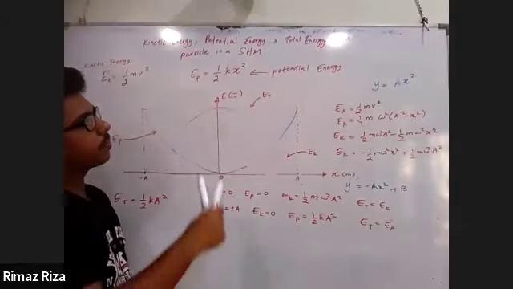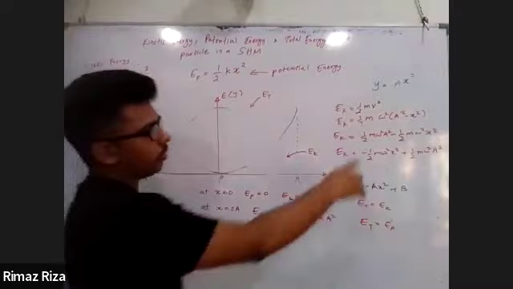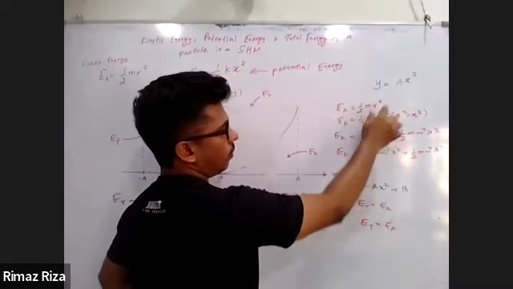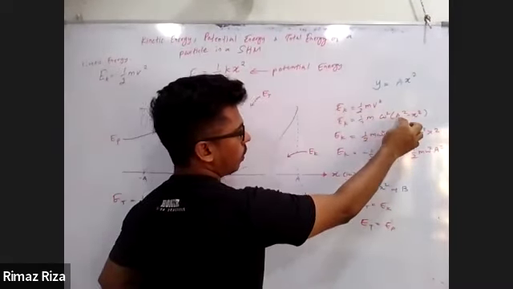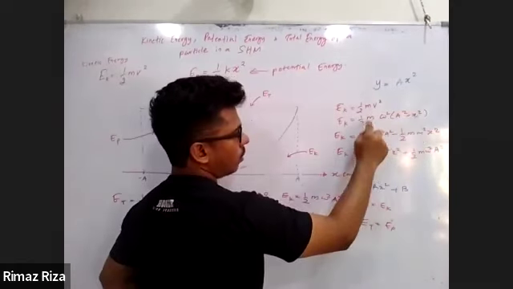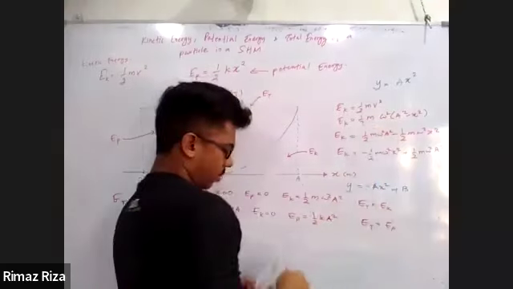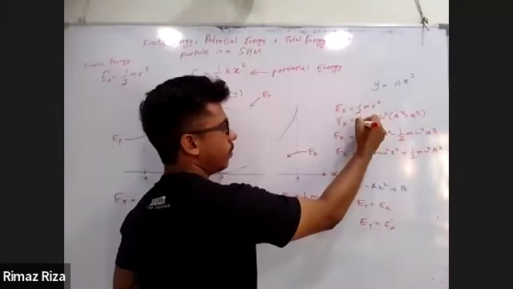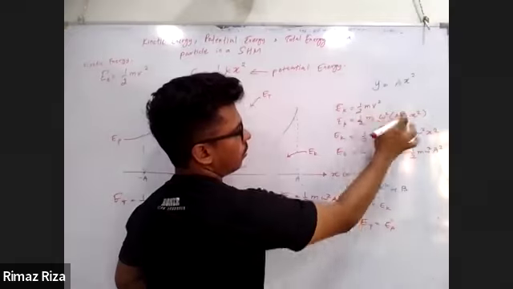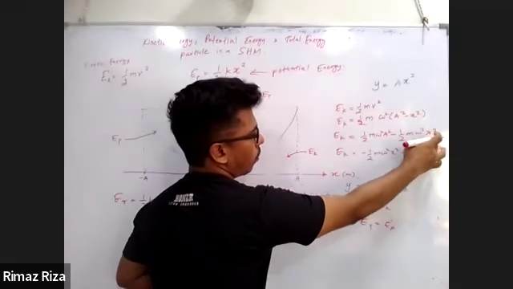And kinetic energy is half m v squared. Okay, v squared is equal to omega squared times a squared minus x squared, and then you multiply this with this. So you get this into this, plus this into minus half m omega squared x squared.